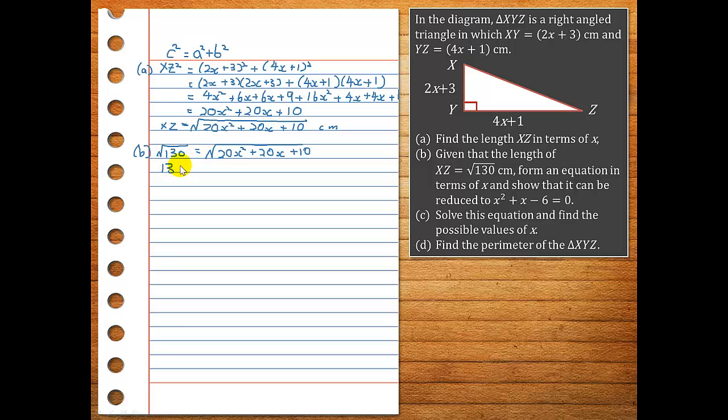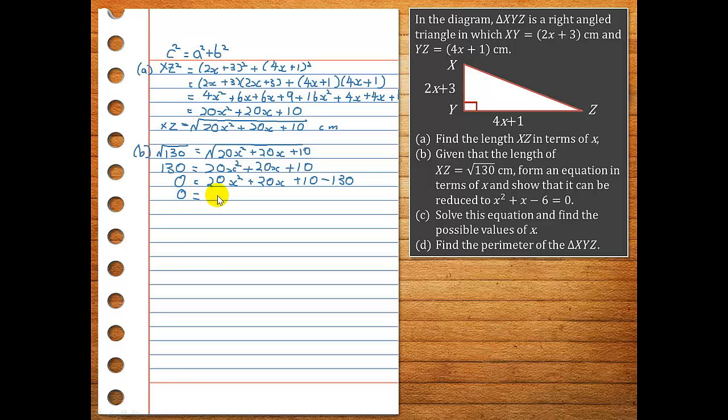Yes, we can remove the square roots. If we are to use the quadratic formula to solve this equation, we have to make one of the sides equal to 0. Let's make the left hand side equal to 0 because there is only one term. So we will minus 130 on the left hand side and minus 130 on the right hand side. In this case, we will have 0 equals 20x squared plus 20x plus 10 minus 130.